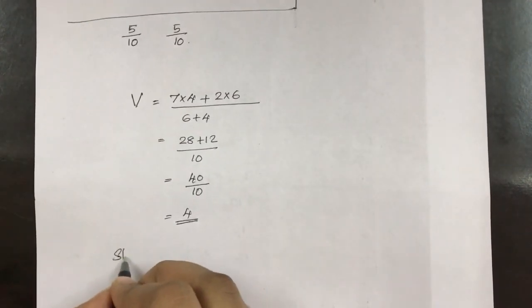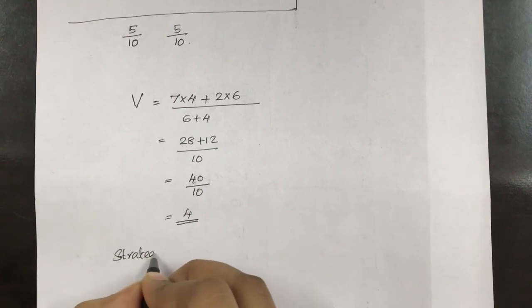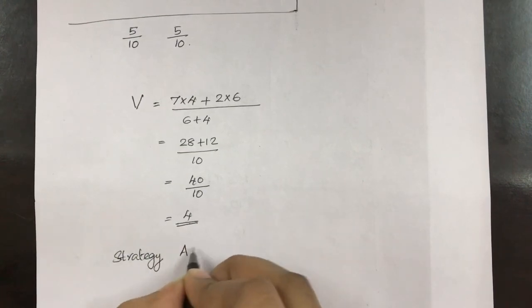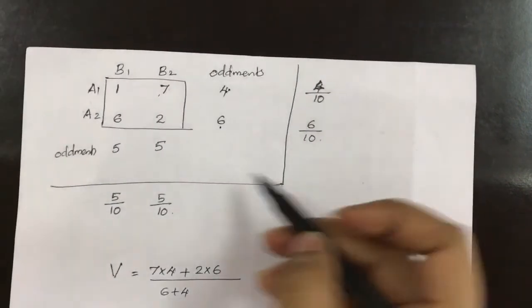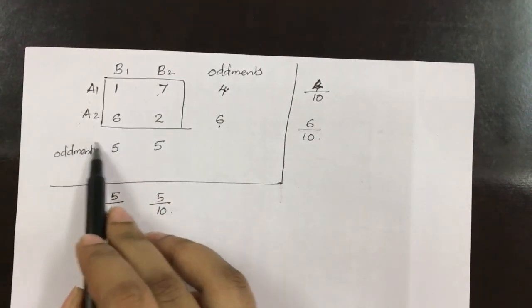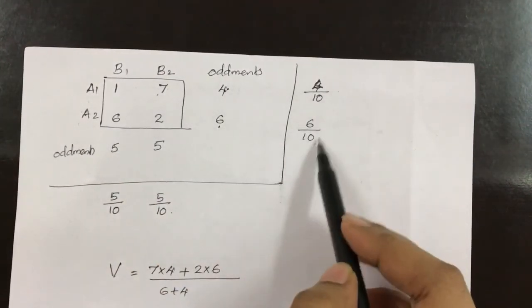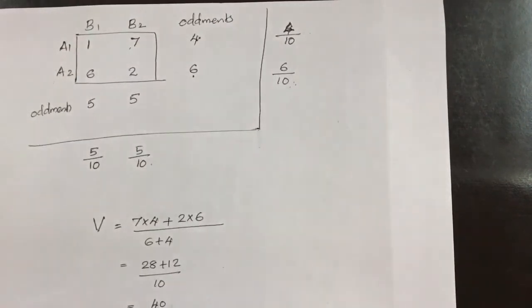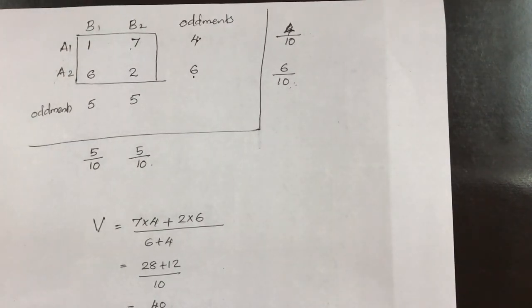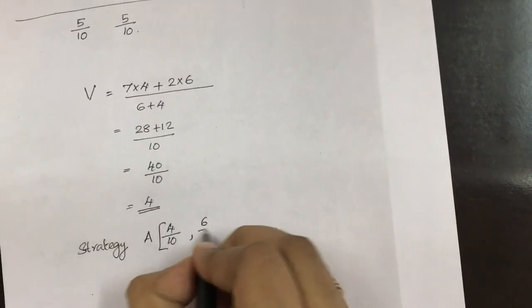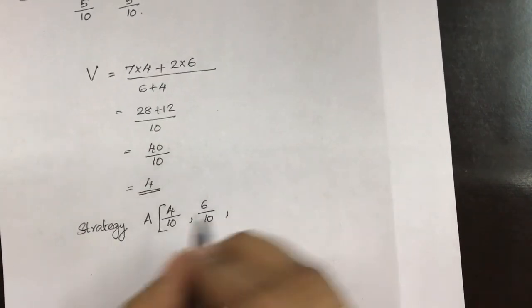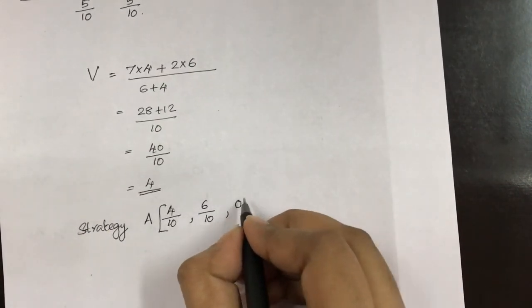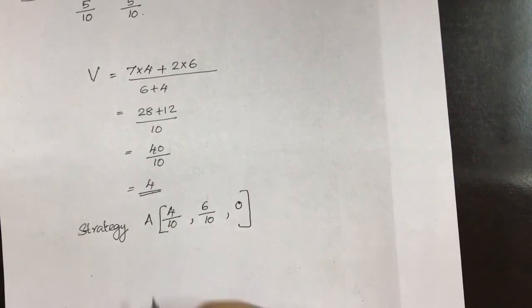And the strategy. A has strategy for A1 and A2; A3 doesn't have a strategy. So A1 and A2 have the strategy 4 by 10, 6 by 10. A doesn't use strategy 3, so that is 0.